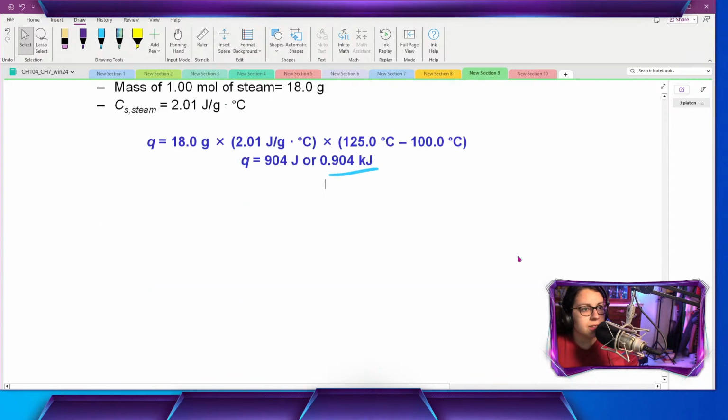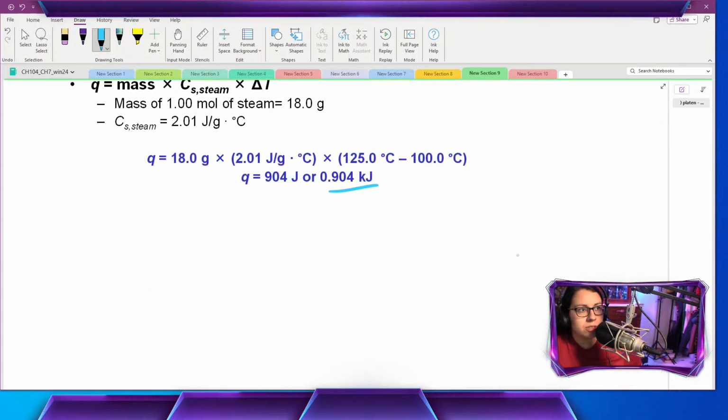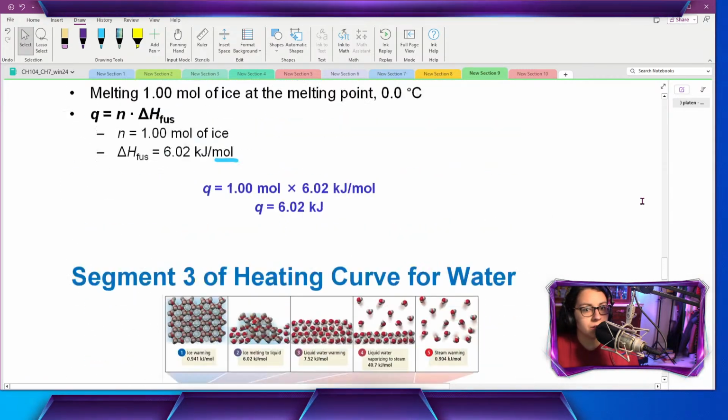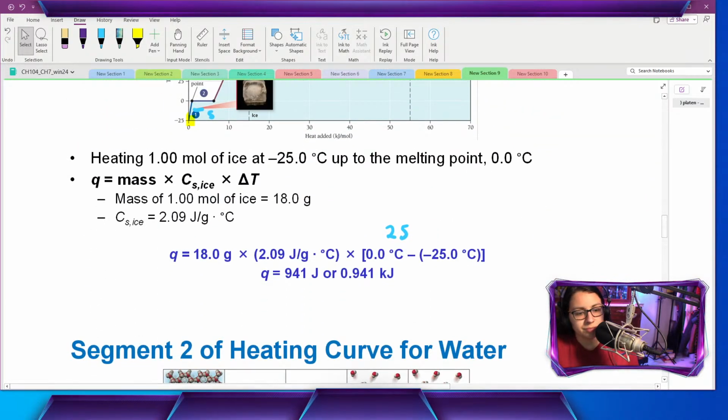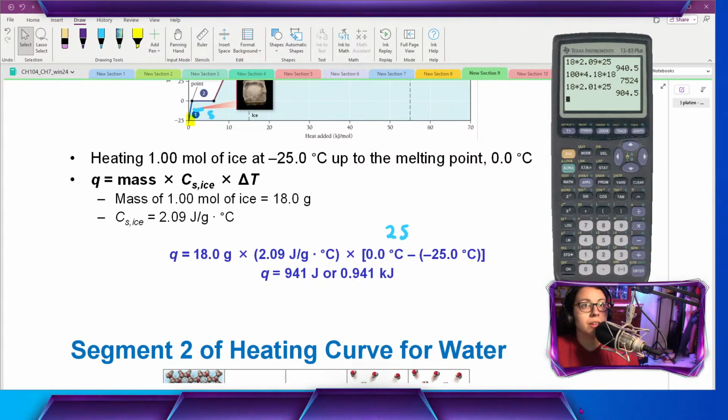Now usually at the end of it, it asks a question like, what was the total energy of this process? For that, you just want to add everything back up, starting at our first segment.